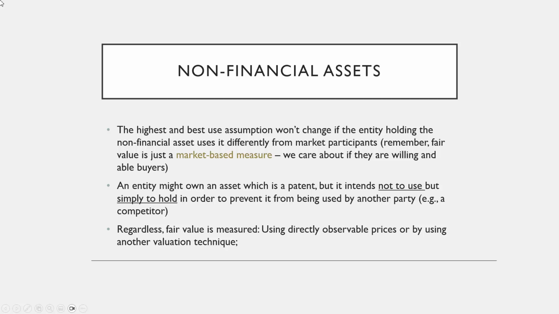It's a completely different use. One is trading and the other one is holding it to prevent someone else from creating the same product. It doesn't change if the entity holding the non-financial asset uses it differently from that market participants.